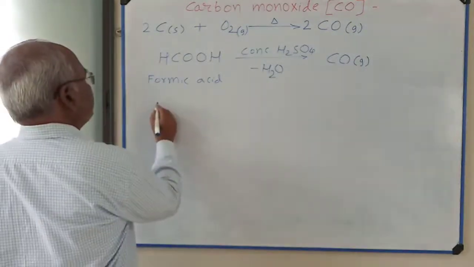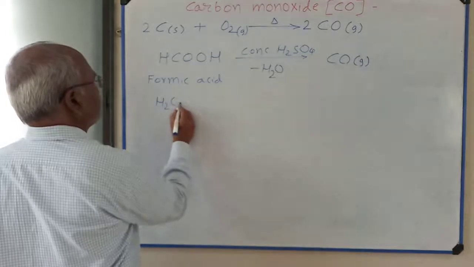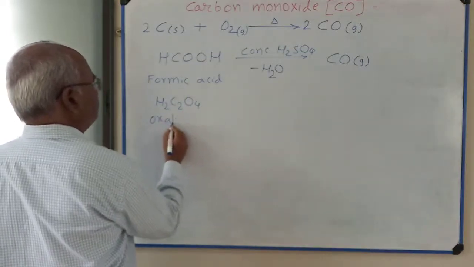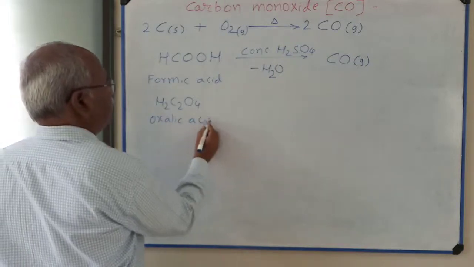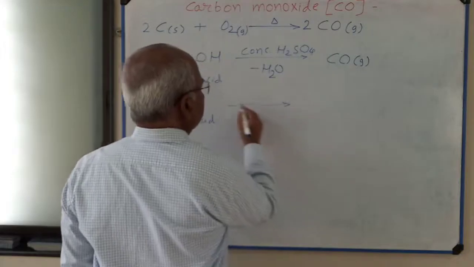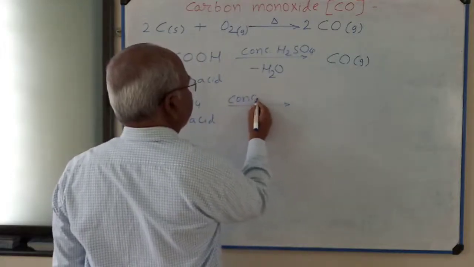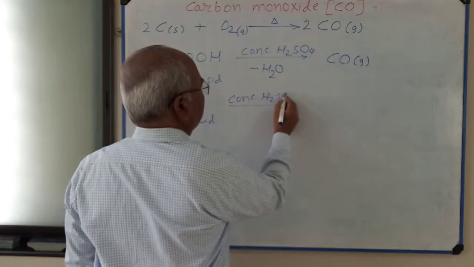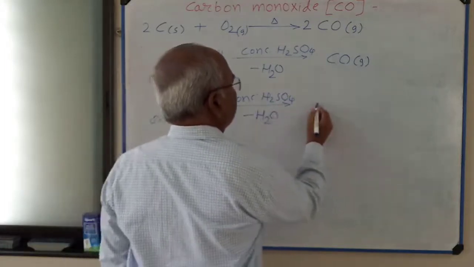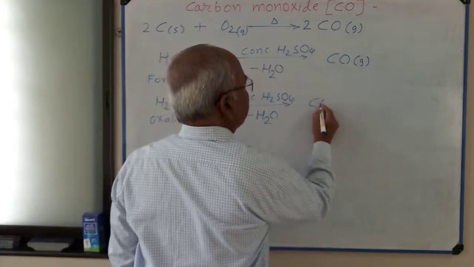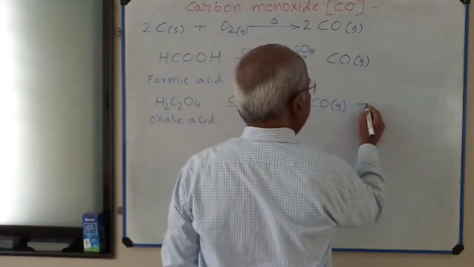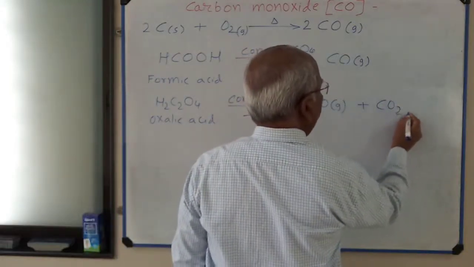Third method, H2C2O4. This is oxalic acid. This oxalic acid, when heated with concentrated H2SO4, water is removed and it forms carbon monoxide gas plus carbon dioxide gas.